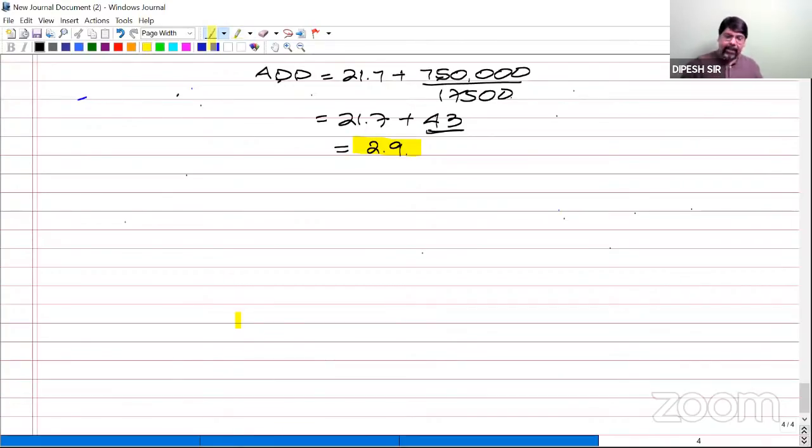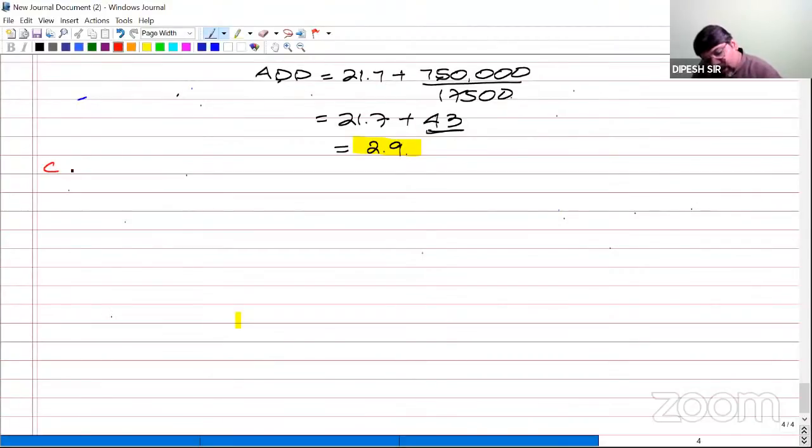Now let's read the question. The question states, on 1st July, it was agreed that these bills should be withdrawn, and that Kiran should accept on that day 2 bills, one for 10,000.